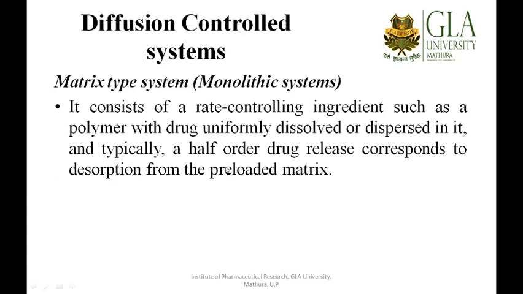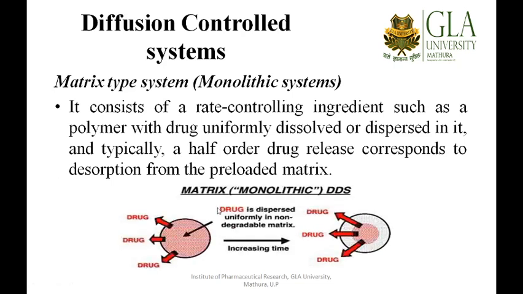So you can see over here, let me just show you the basic idea. What we are trying to do is homogeneously mix the polymer and the drug, and you can see we have obtained a simple monolithic drug delivery system.